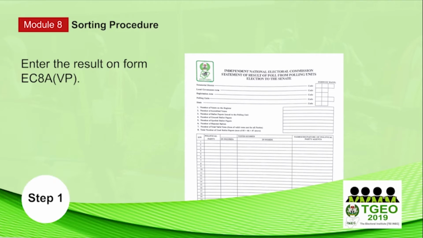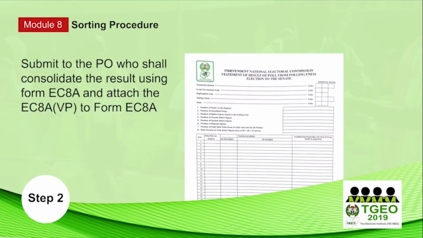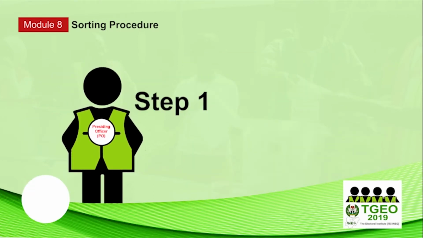Enter the result on Form EC8A VP. Step 2. Submit to the PO, who shall consolidate the result using Form EC8A and attach the EC8A VP2 form to EC8A. The PO shall then: Step 1.